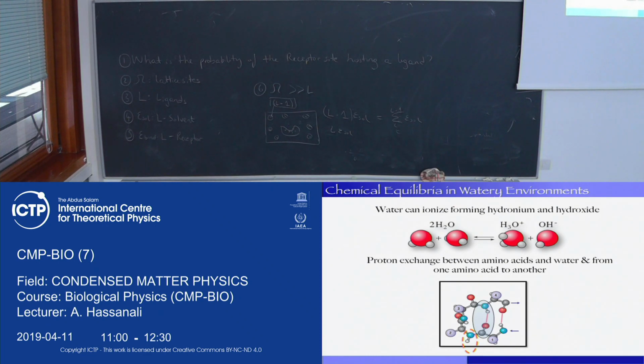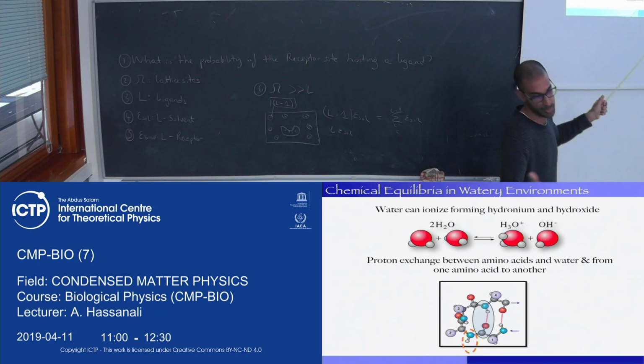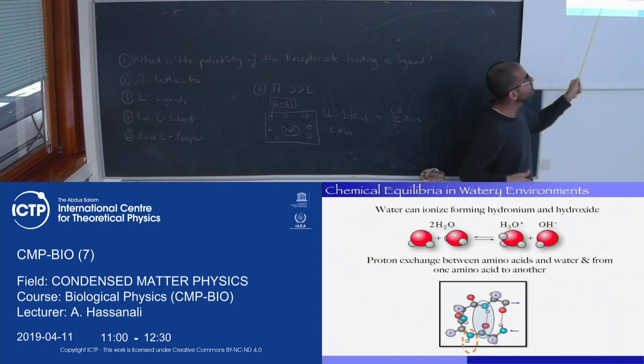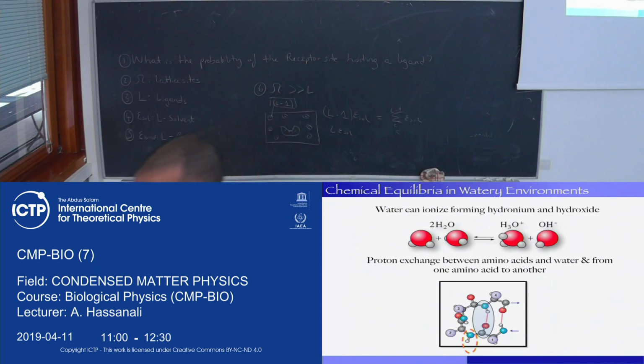It ionizes, and when it ionizes, it forms these two species. This equilibrium determines pH. So pH is minus log concentration of this. In your glass of water, the concentration of protons and hydroxide ions at pH equals 7 is 10 to the minus 7 molar.